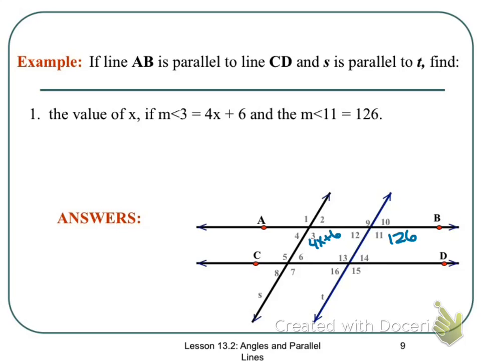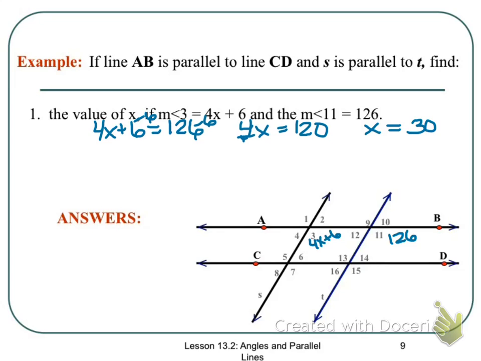Yes, they're equal to each other. Therefore, we have the equation 4x plus 6 equals 126. So we have 4x equals 120 and x equals 30. I subtracted 6 from both sides and divided by 4 on both sides. So 30 degrees for x.